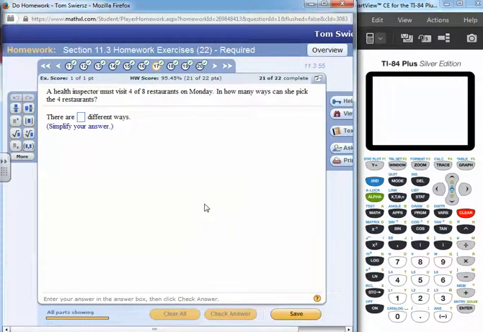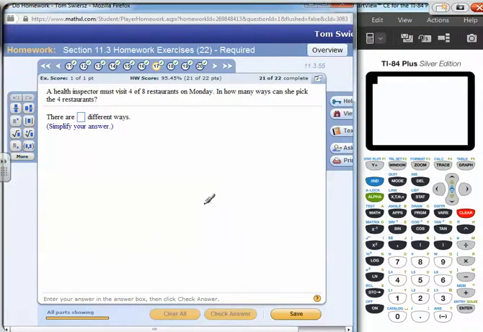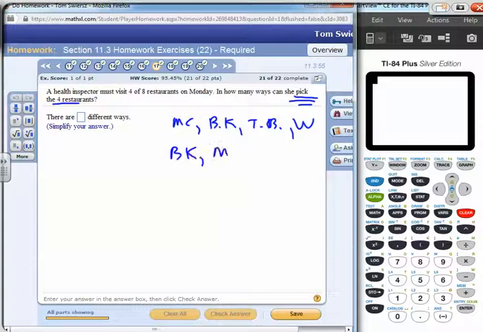Number 17, a health inspector visits 4 of 8 restaurants on Monday. How many ways can she pick the restaurants? Notice, she's picking the restaurants. She's not saying how many different orders of visiting the restaurants. So if she picks McDonald's, Burger King, Taco Bell, and Wendy's, and switches around the order, in terms of picking the 4, it's still the same 4 restaurants.